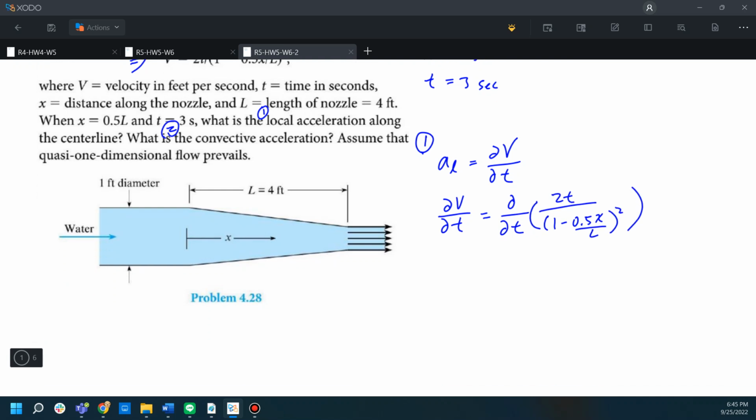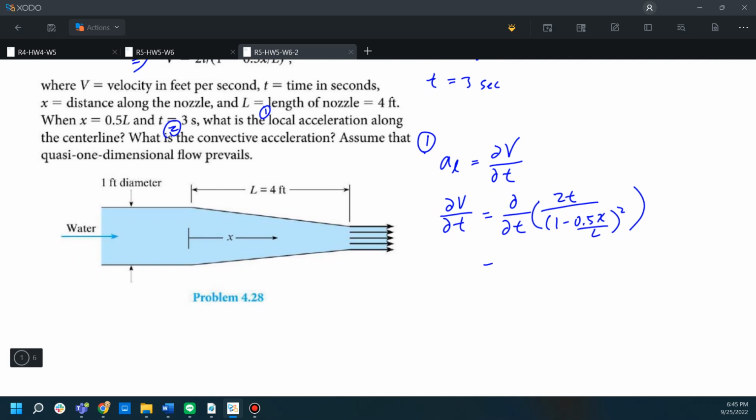Okay, because the t is here, the other variables and numbers are just constants with respect to t. So the derivative will be 1 minus 0.5x divided by L to the power of 2.